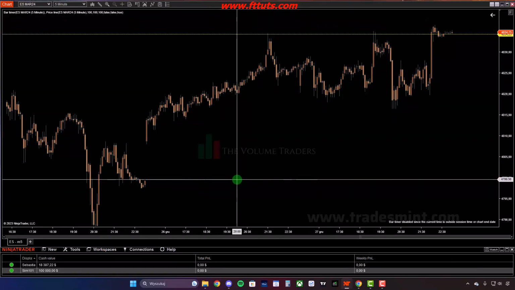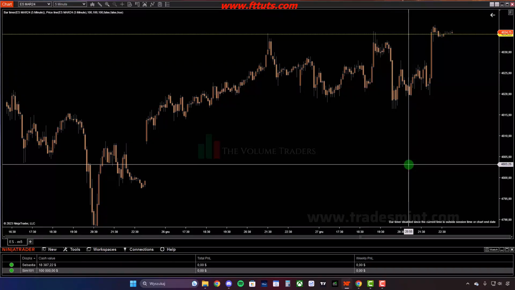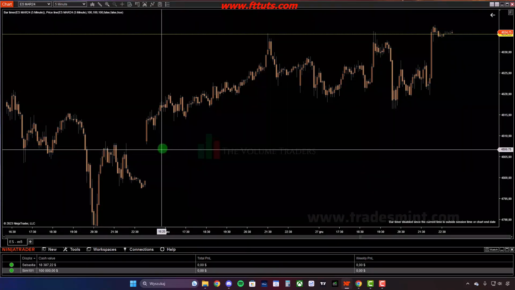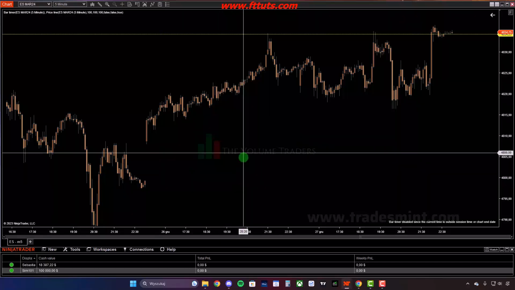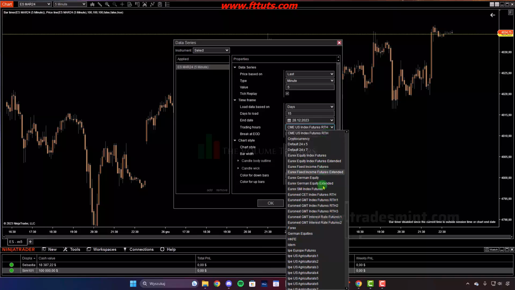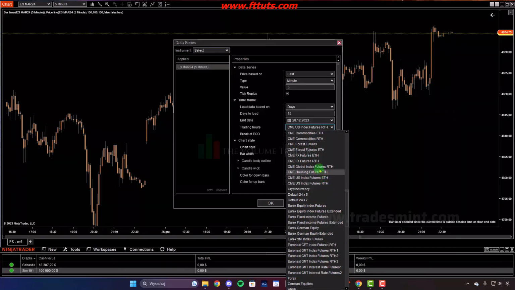I don't use the Asian and London session for trading ES. I just love to see only the bigger moves, so I don't use the data between. But why I use not exactly the real-time hours, but the global index futures, is because it shows the half hour earlier, the 30 minutes of pre-opening time.